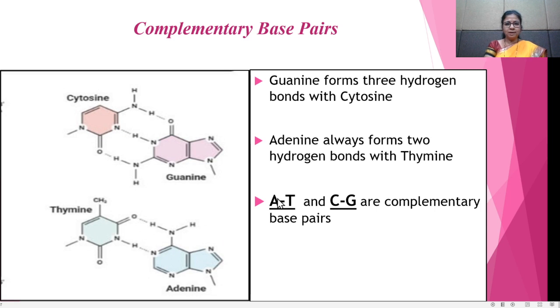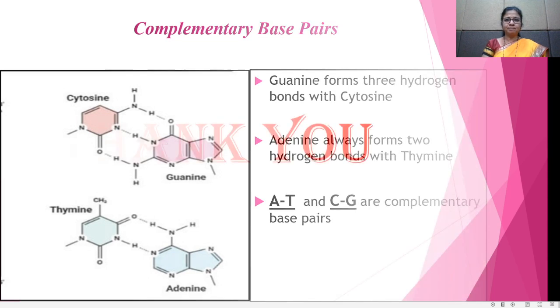Therefore, adenine and thymine, C and G, that means cytosine and guanine, are the complementary base pairs. In this way, we understand the double helix structure of DNA and complementary base pairs. Thank you.